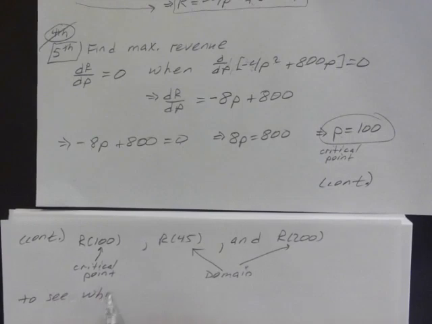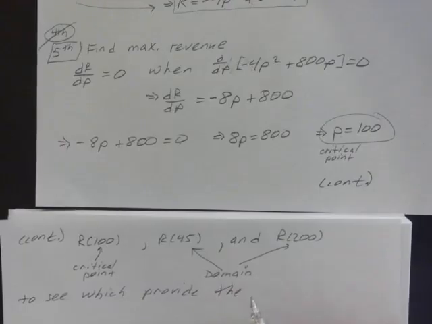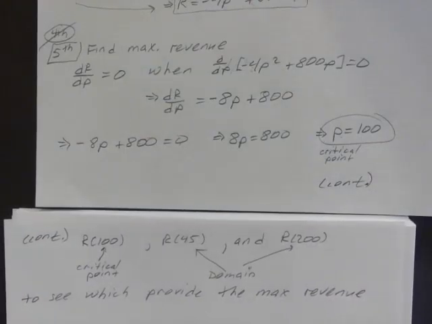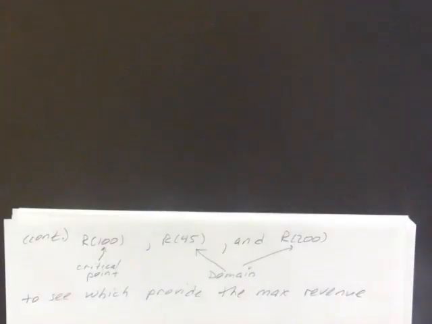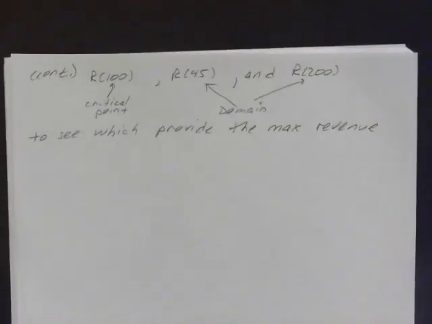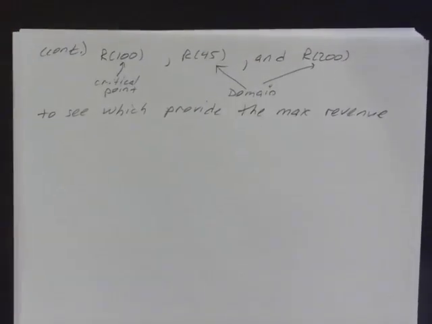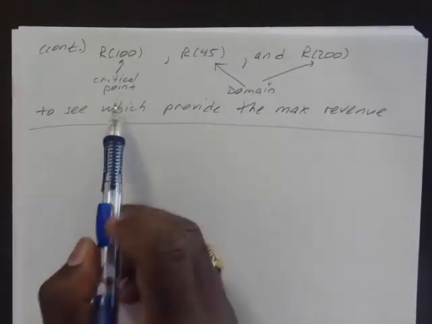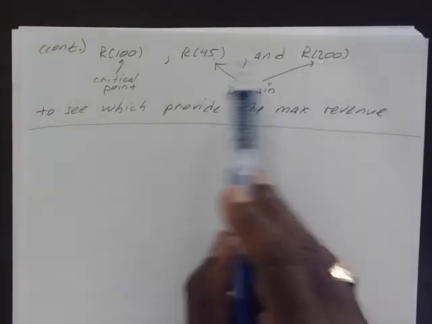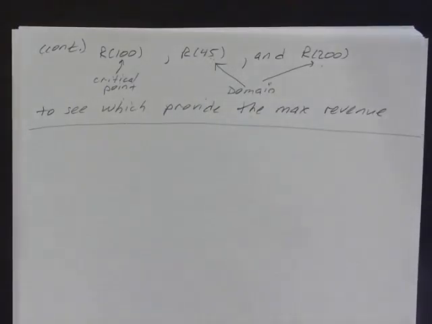To see which provides the maximum revenue. Okay, now in most cases it's the critical point, but it is still possible to be the two endpoints of your domain.